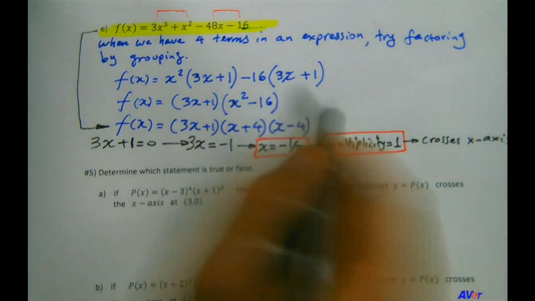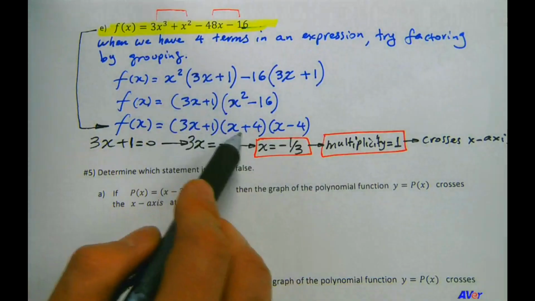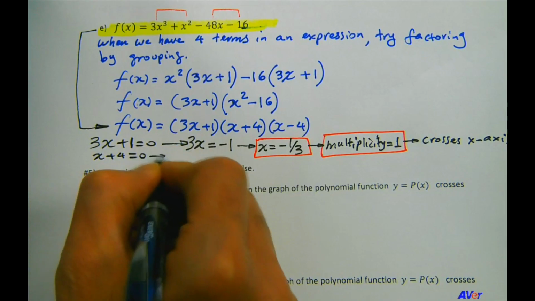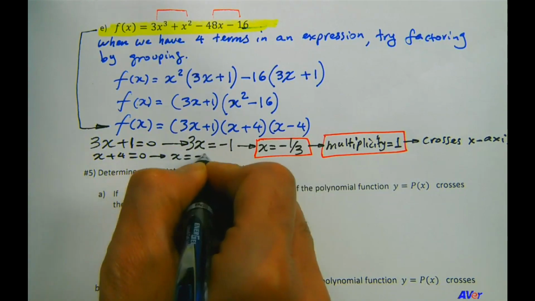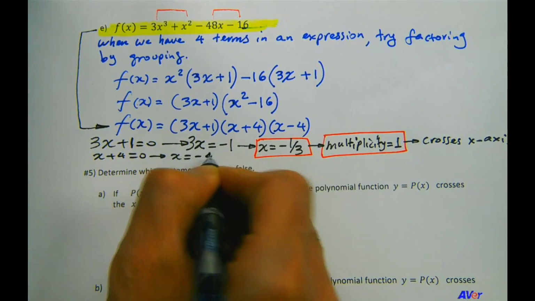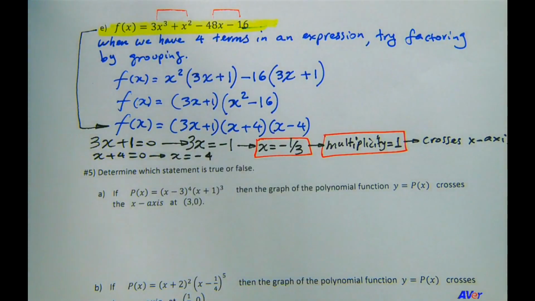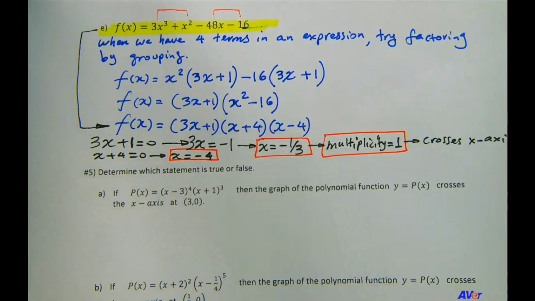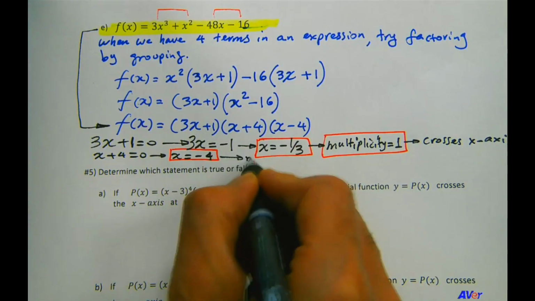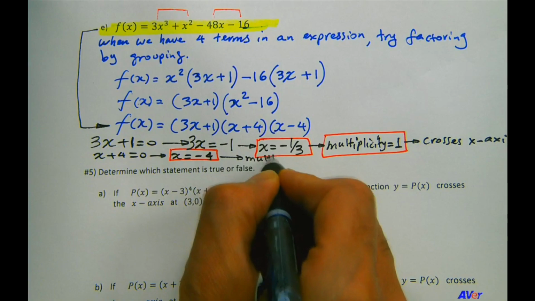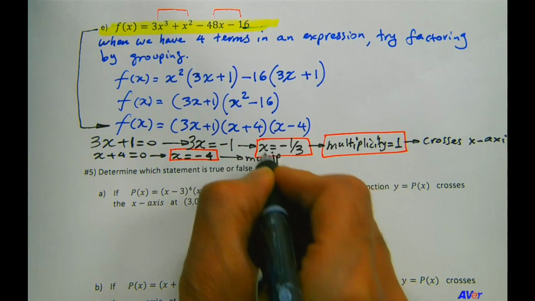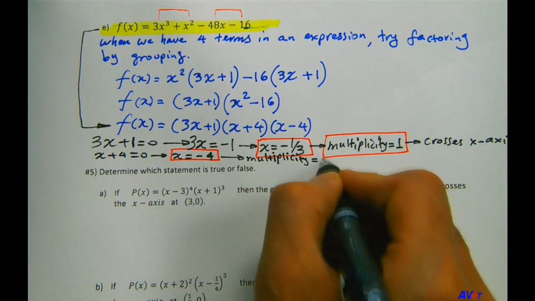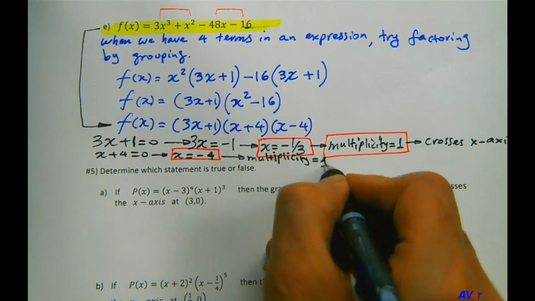I'm running out of room here, as you can see, but I'll try to fit things here. So the second factor, x plus 4, set that equal to 0. So we have x equals minus 4, and the multiplicity is equal to 1, just 1.